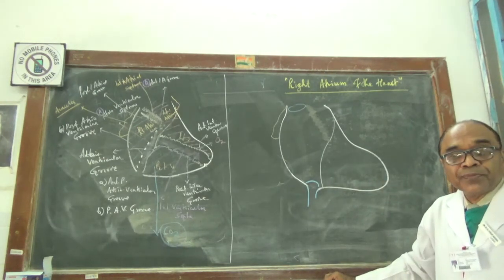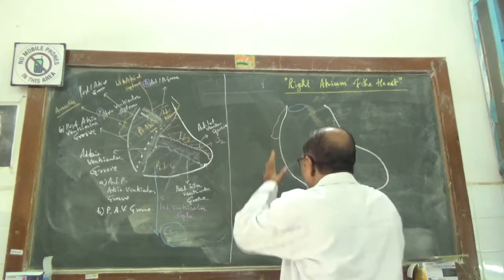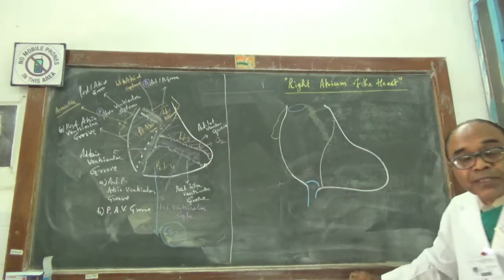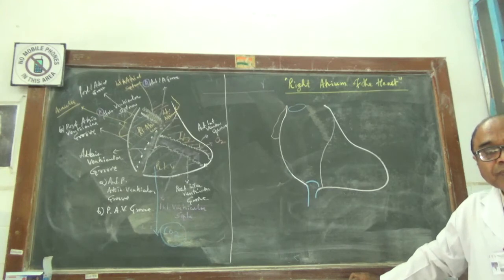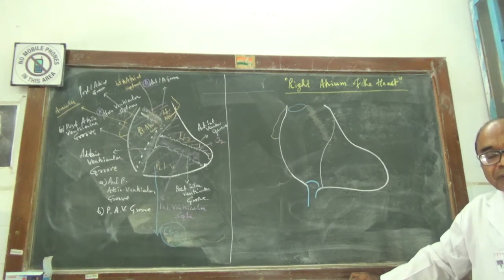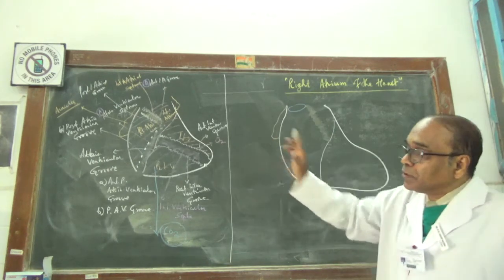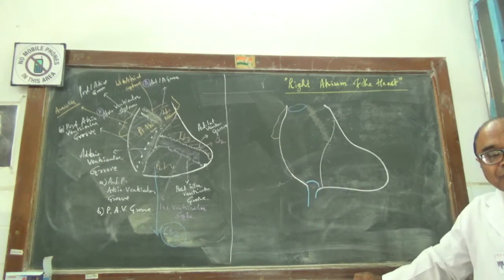Quadrangular in shape. This is the right atrium, which is present in front and right to the left atrium of the heart in general.